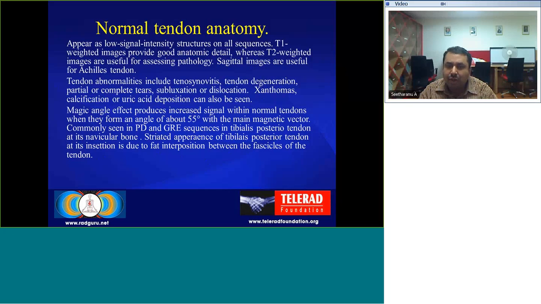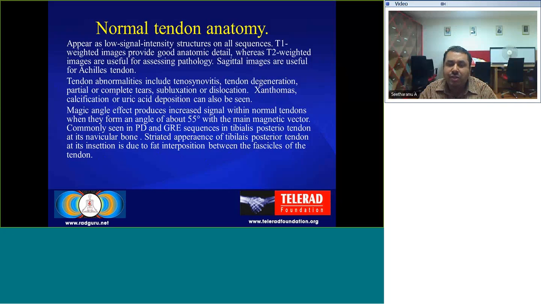So the magic angle produces increased signal within the normal tendons when the structures form an angle of about 55 degrees with the main magnetic vector.